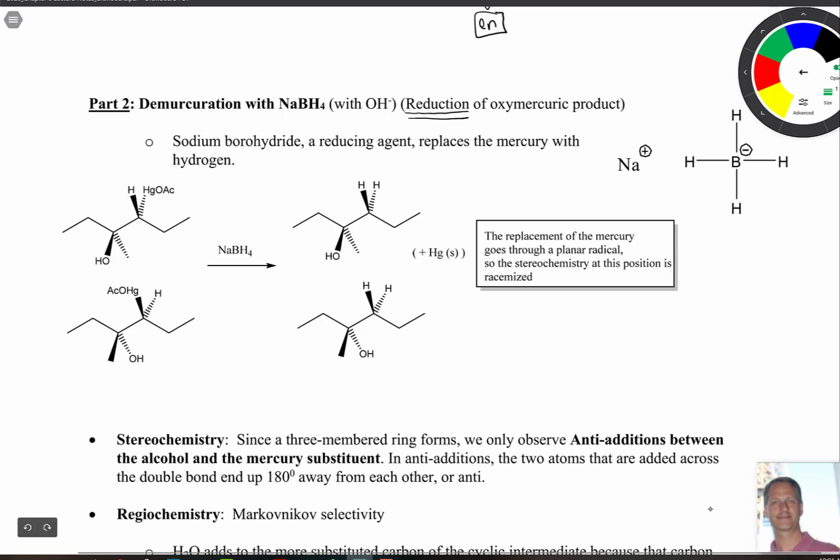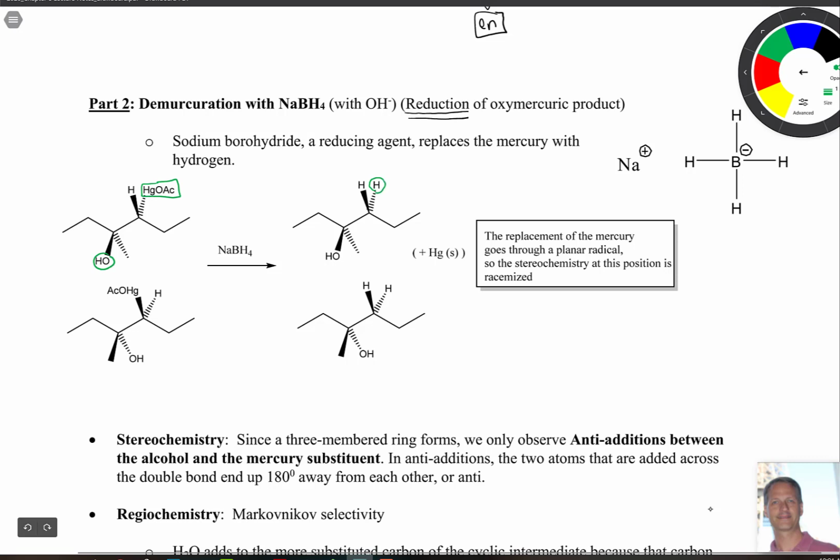So your OH is here, your HgOAc is here, and we use this compound called sodium borohydride. We're not going to learn the mechanism of this, but what it does is replace the Hg with an H atom.